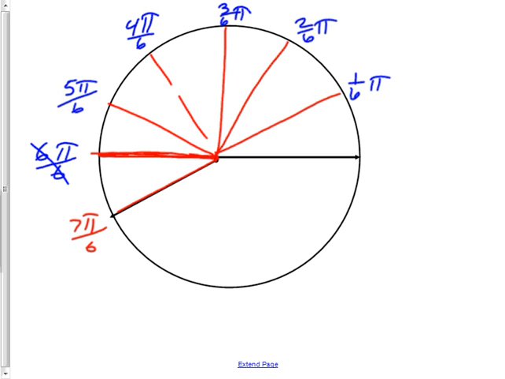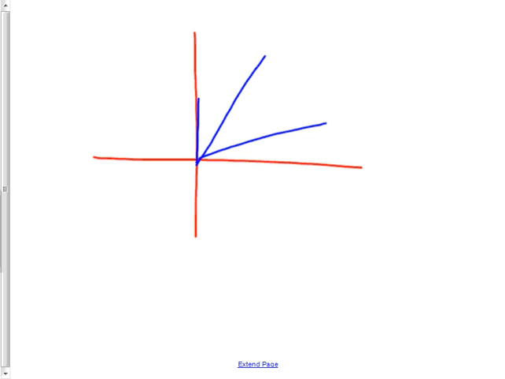So a typical homework question will say, here is an XY axis. Show where 5 pi over 6 is. Well, I'd say to myself, okay, 1 pi over 6, 2 pi over 6, 3 pi over 6, 4 pi over 6. Right there. 5 pi over 6. Does it have to be more accurate than that? Nope.